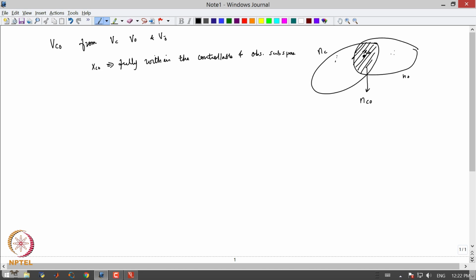it can be expressed... so xc naught is both in the controllable subspace and the observable subspace. I am just abusing the notation a bit, but it is good for understanding.